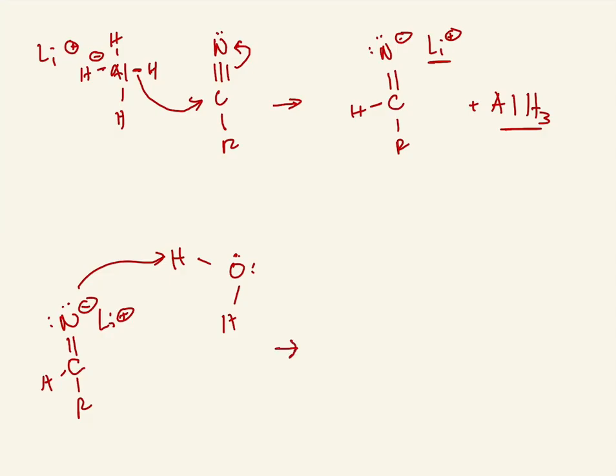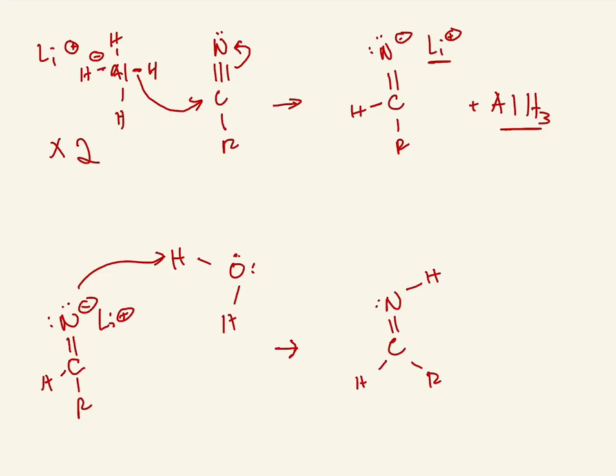If the reduction stops right here, this would create an imine intermediate, which is something we've seen before with the nucleophilic addition of hydrazine to aldehydes or ketones, right? So this is the same mechanism. If we had one more step that worked here, instead of only one step of the first nucleophilic addition of a hydride, it would be two steps, right?